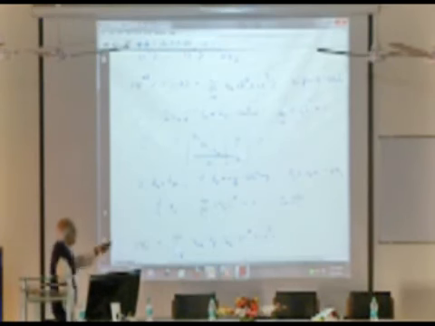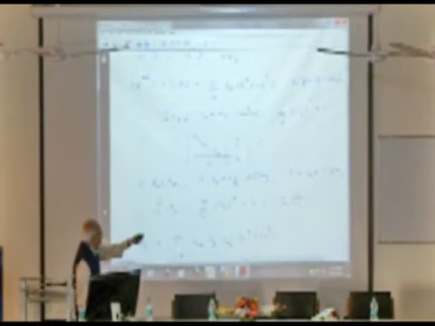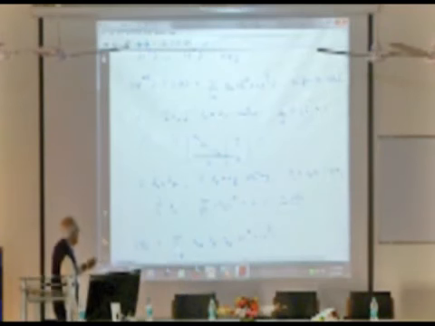Now, the condition that the sum of |C_ij| squared equals 1 automatically implies that the sum of lambda_j squared equals 1.